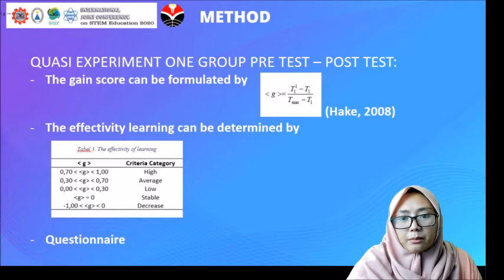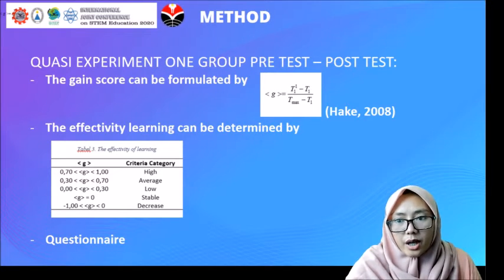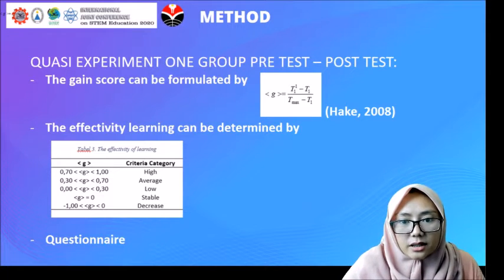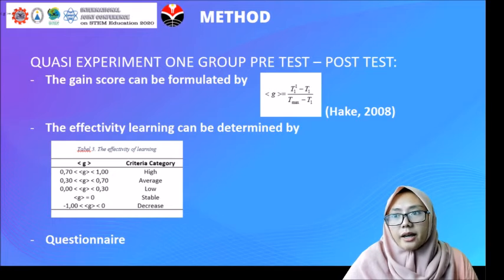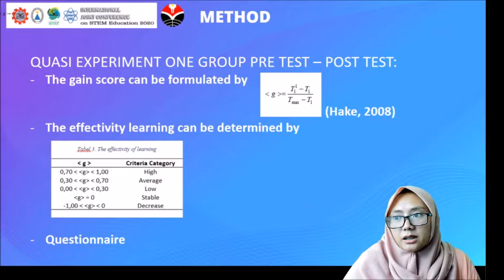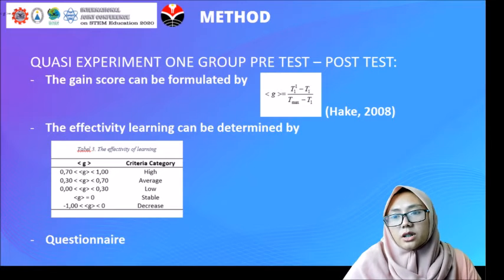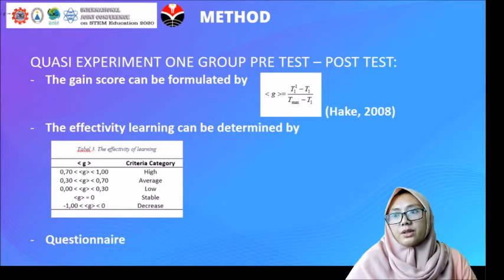From the pretest and post-test scores, we calculate the gain score, which can be formulated by this equation. This is from Hake 2008, and from the gain score we can determine the criteria or category of learning effectivity.